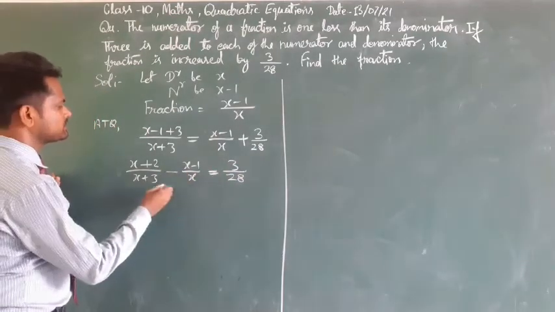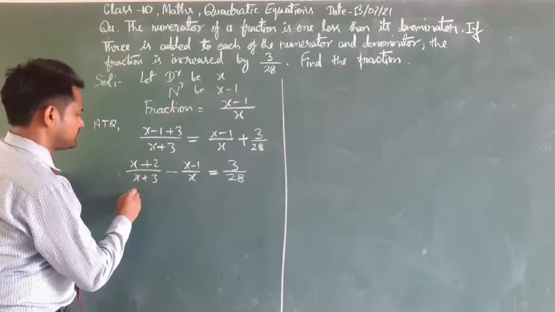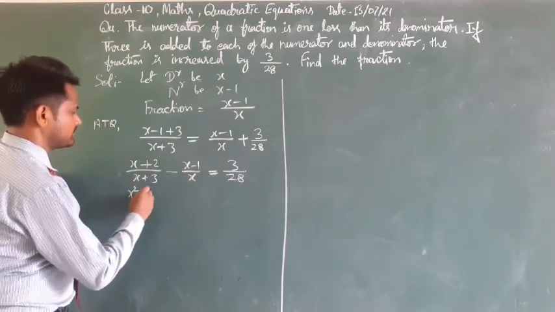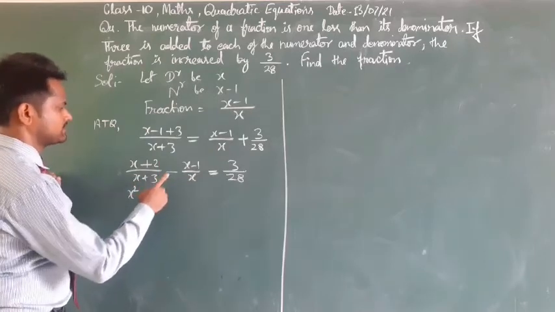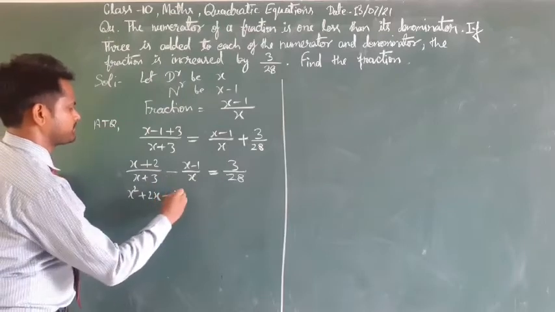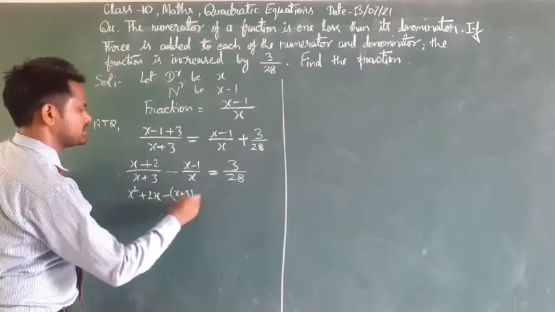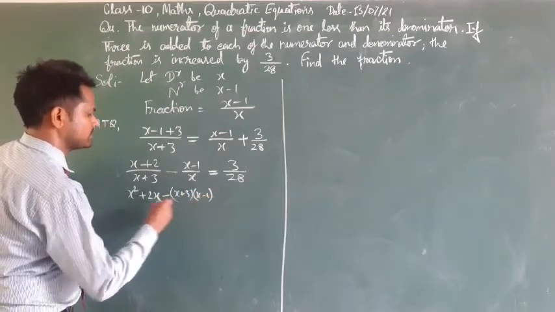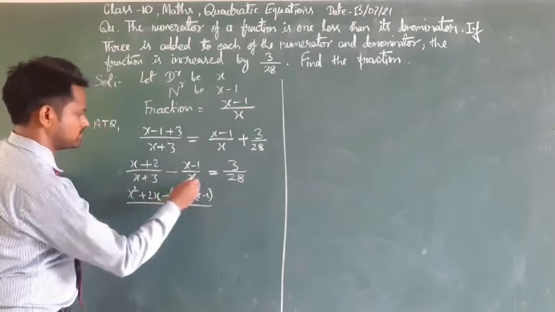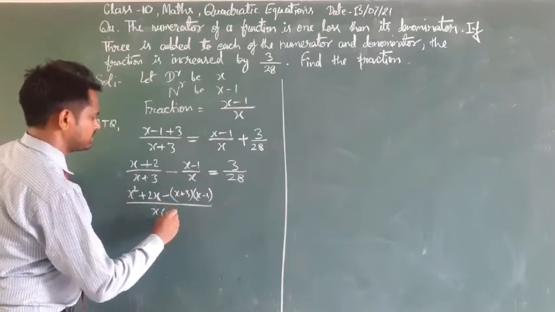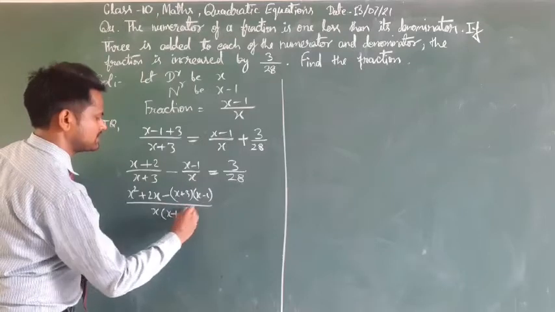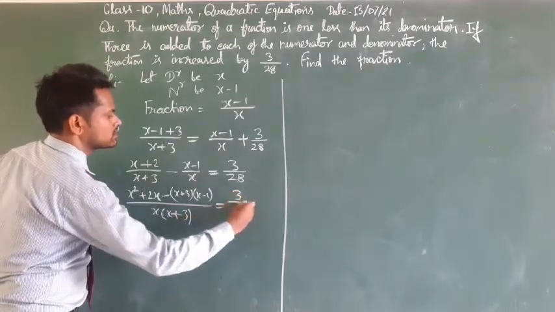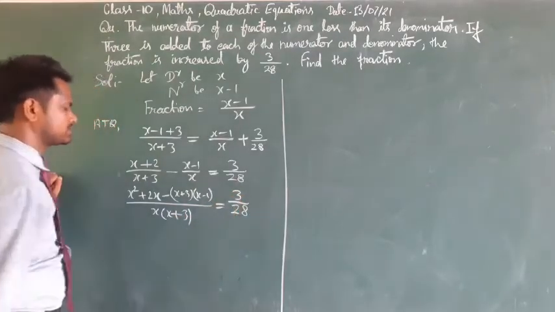Cross multiply to each other. Then x into (x plus 2) minus (x minus 1) into (x plus 3), upon x into (x plus 3), is equal to 3 by 28.